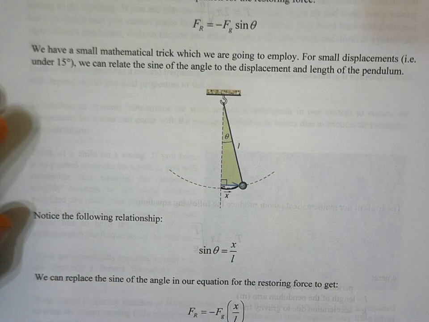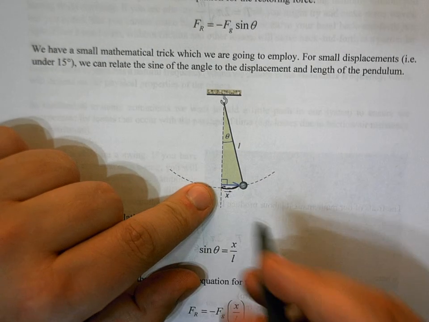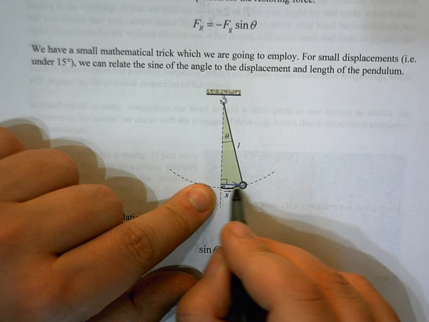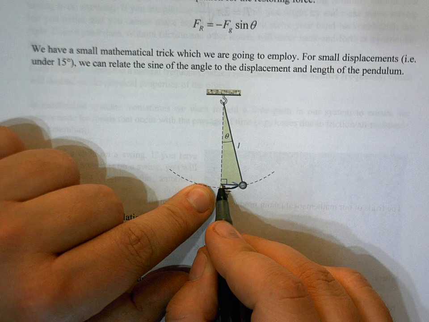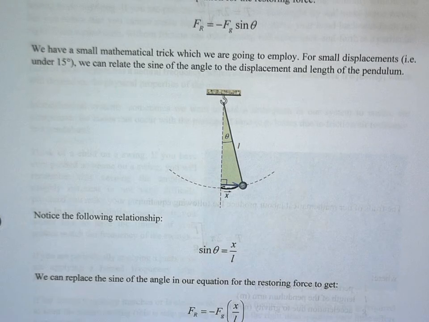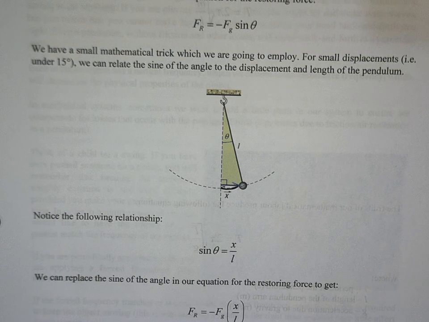But what we're going to find is if we keep that angle small, instead of using this curve, we could use this horizontal distance from the equilibrium position to the pendulum bob. We're going to find that for small angles, this distance along the curve and that horizontal distance are quite small. There's not really a large difference. So we're going to make some approximations.